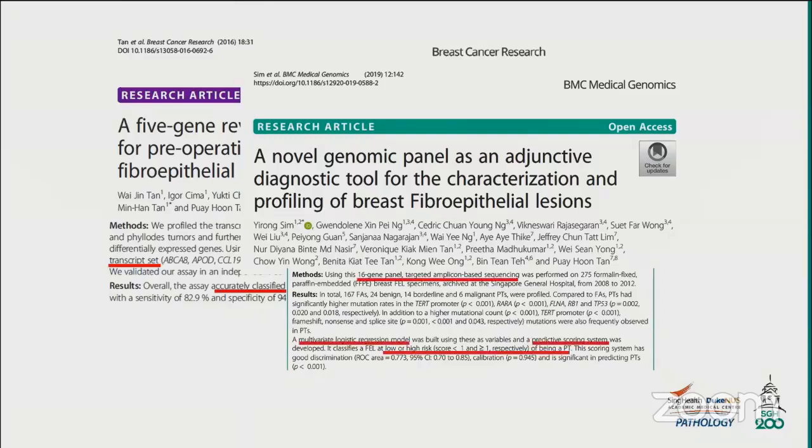Another study used a 16-gene panel, building a multivariate logistic regression model that developed a predictive scoring system with the ability to classify a fibroepithelial lesion on core biopsy into a low or high risk of being a phyllodes tumor. We have also looked at artificial intelligence modeling to predict whether a core biopsy sample of a fibroepithelial lesion is more likely to be a fibroadenoma or phyllodes tumor, and this paper has just been submitted for consideration for publication.